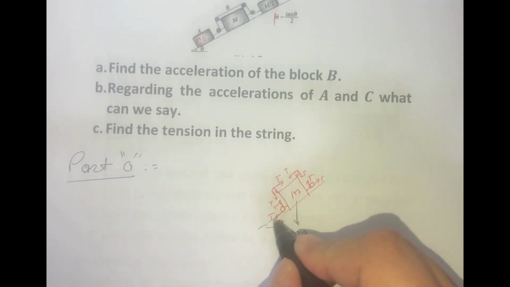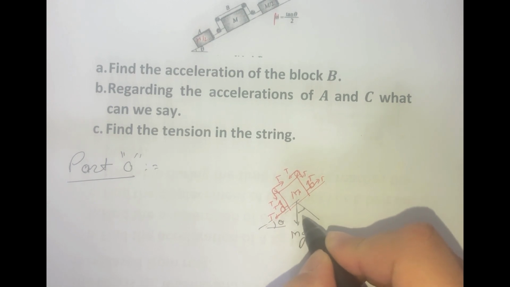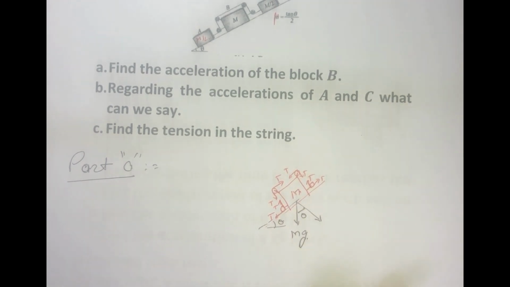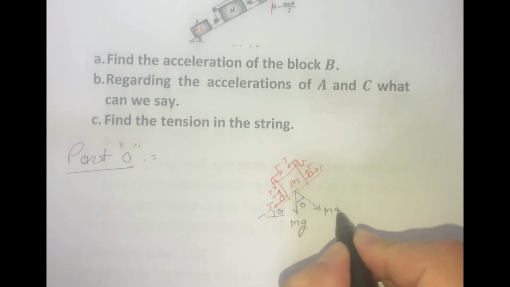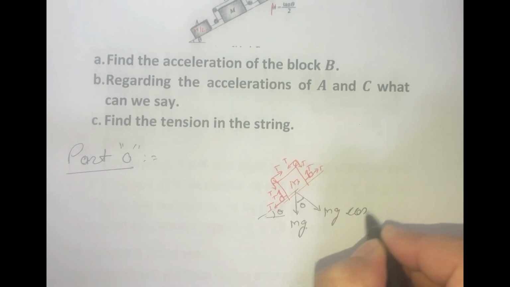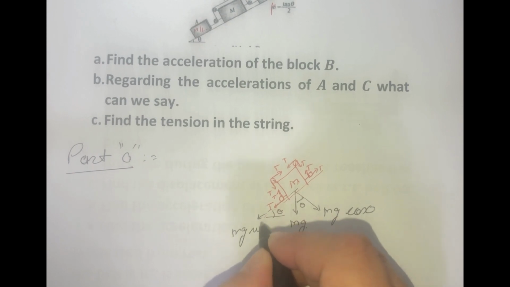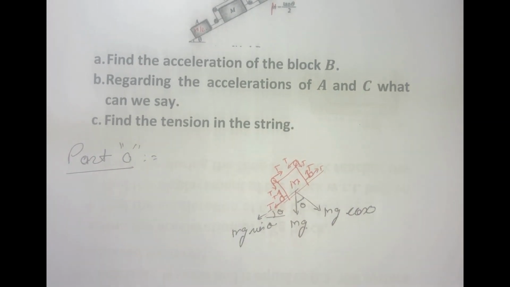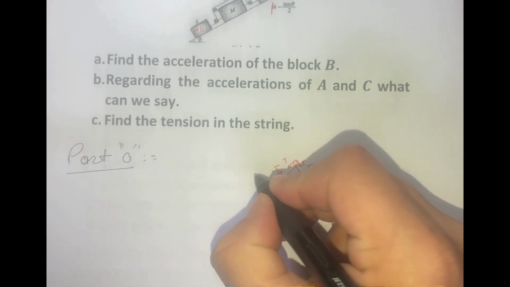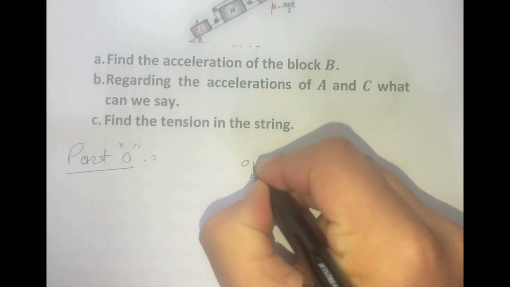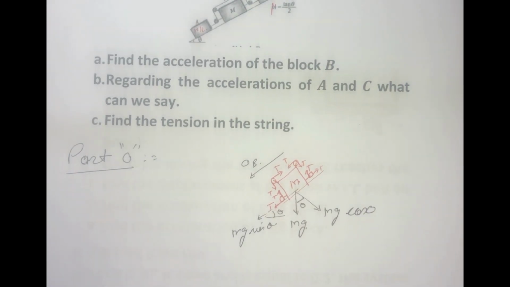This mg can be divided into two components. This angle will be theta, so we are going to have mg cos theta, and this will be mg sin theta. Suppose that it is moving with acceleration aB down the inclined plane. So we can write the equation.